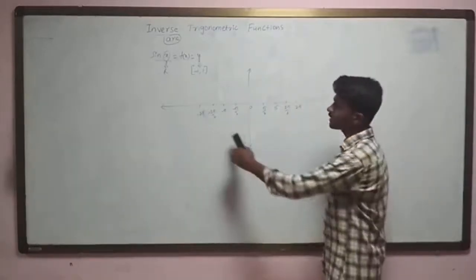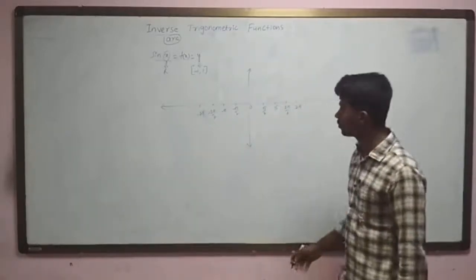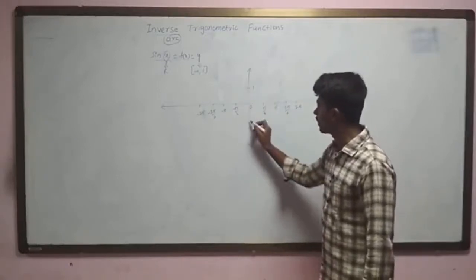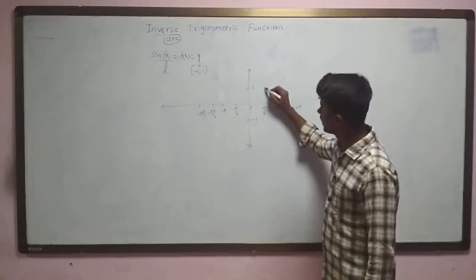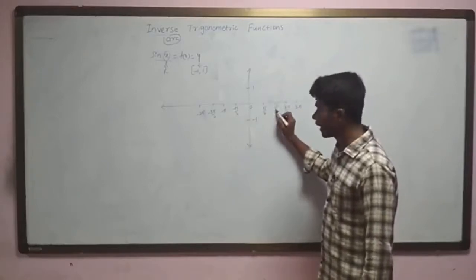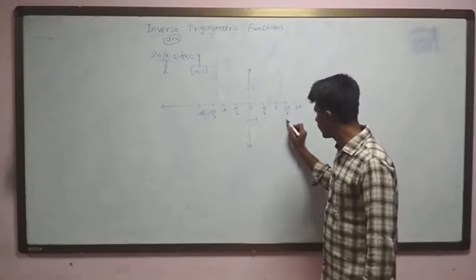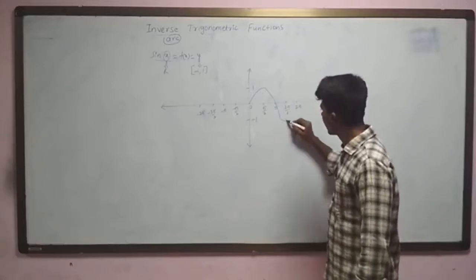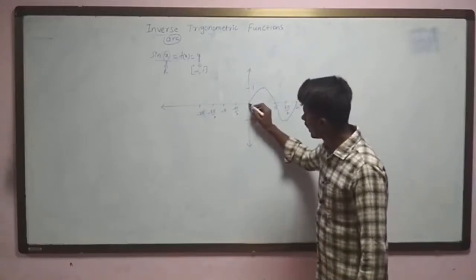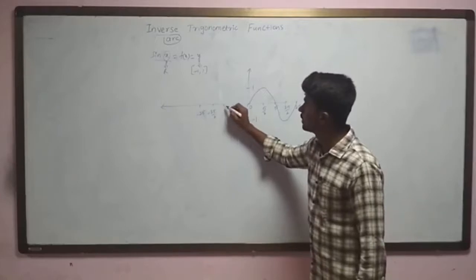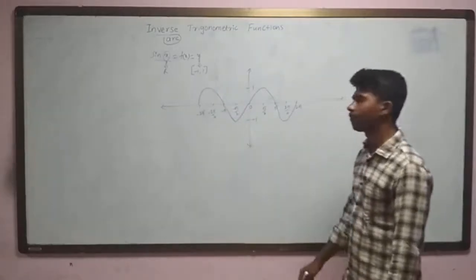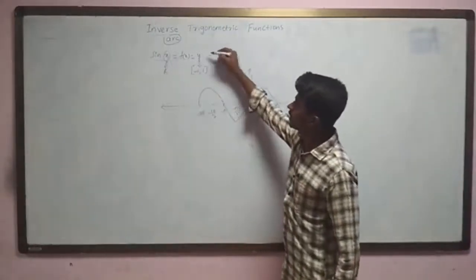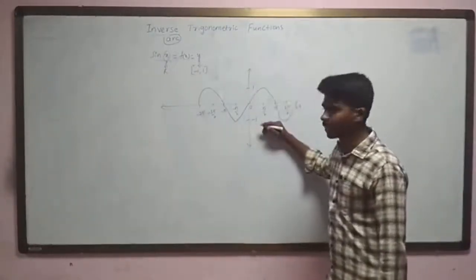Sin 0 is 0, sin 90 is 1, sin pi is 0, sin 3 pi by 2 is minus 1, so it behaves in this way, and again at 2 pi it is 0, at minus pi by 2 it is minus 1, at minus pi it is 0, and like this. So the function sin x is given as y, and we have its graph.